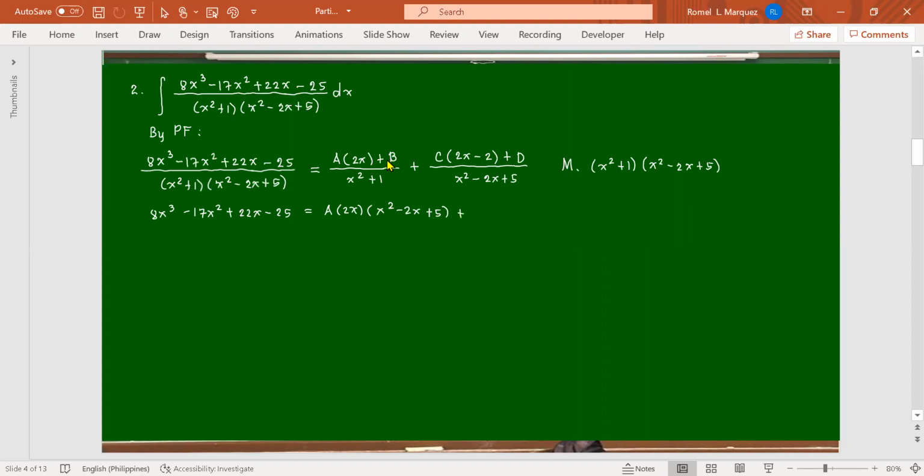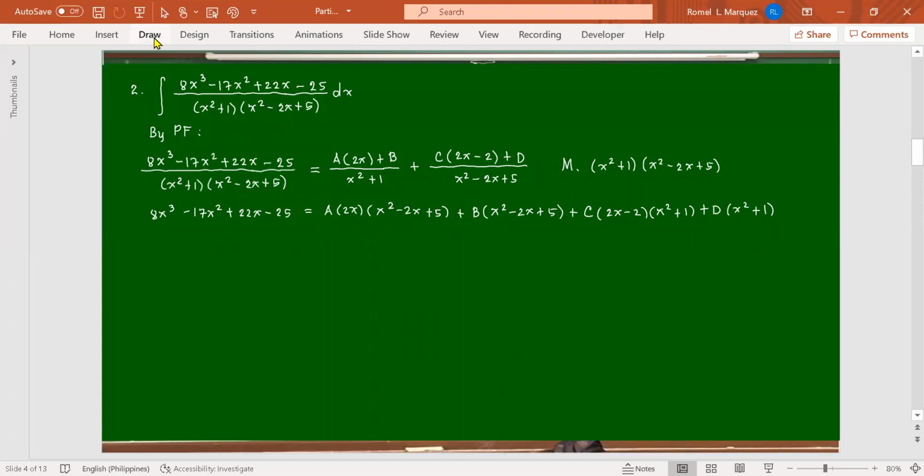And then for b, x squared plus 1 is cancelled, so we get b times x squared minus 2x plus 5. For the second fraction, we get c times 2x minus 2, multiplied to x squared plus 1. Then plus d times x squared plus 1, because this is cancelled. Okay?